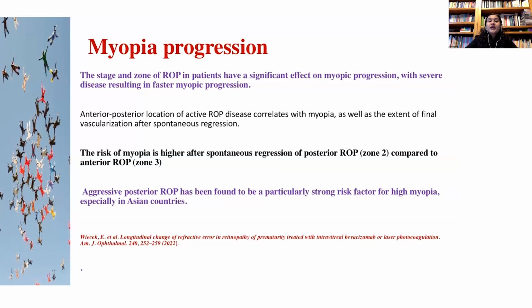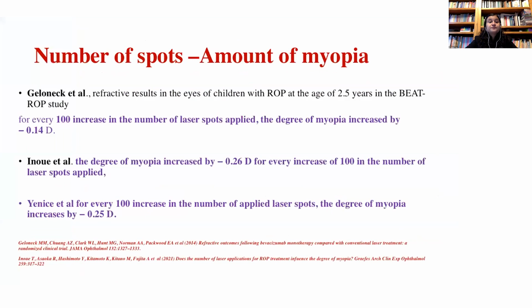The anterior-posterior location of the active ROP also correlates with myopia, as does the extent of final vascularization. The risk of myopia is higher after spontaneous regression of posterior ROP, that is zone 2, compared to anterior ROP, zone 3. And in Asian countries, where aggressive posterior ROP is found in babies of higher weight and higher gestational age, it is a particularly strong risk factor for the development of high myopia.